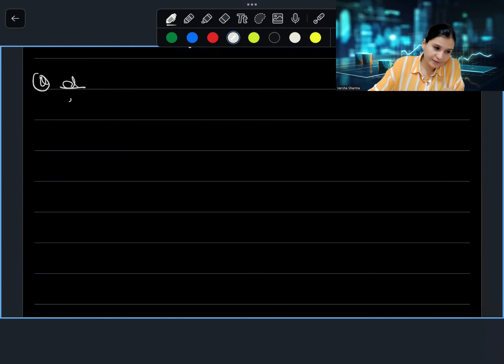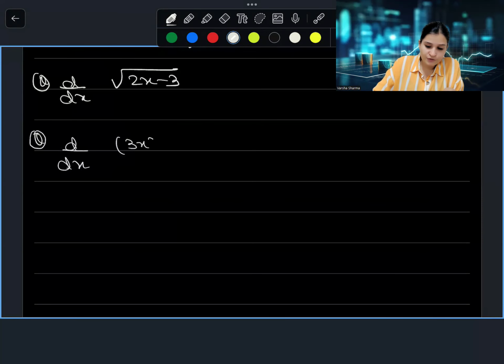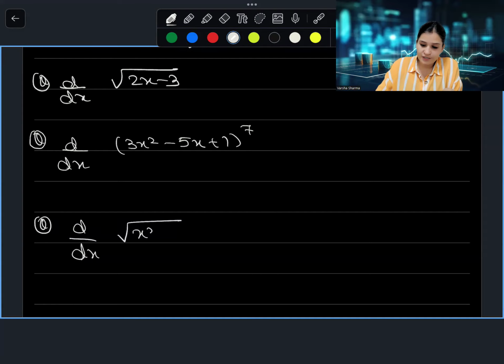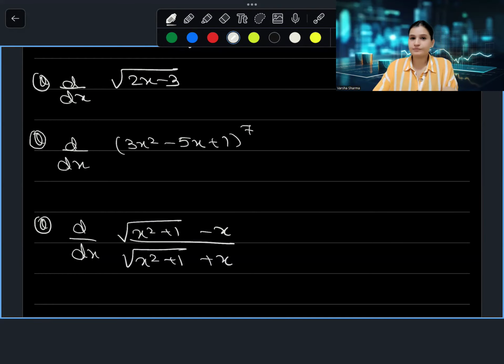Then we'll move to a new variety. d/dx of root 2x minus 3. d/dx of 3x square minus 5x plus 1 to the power 7. d/dx of under root x square plus 1 minus x, over under root x square plus 1 plus x. Differentiate.